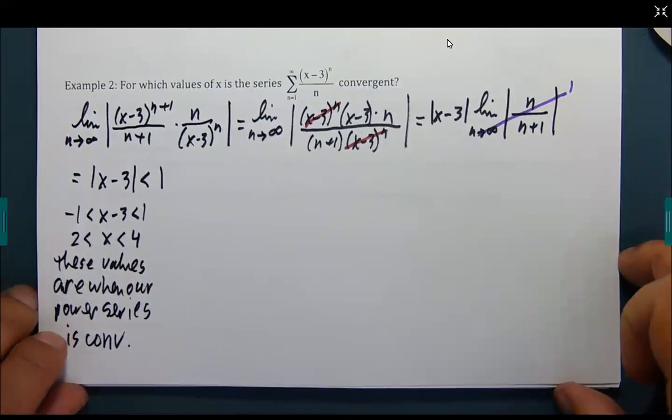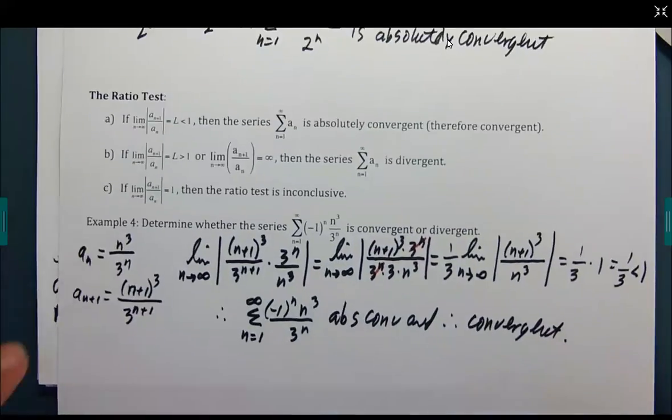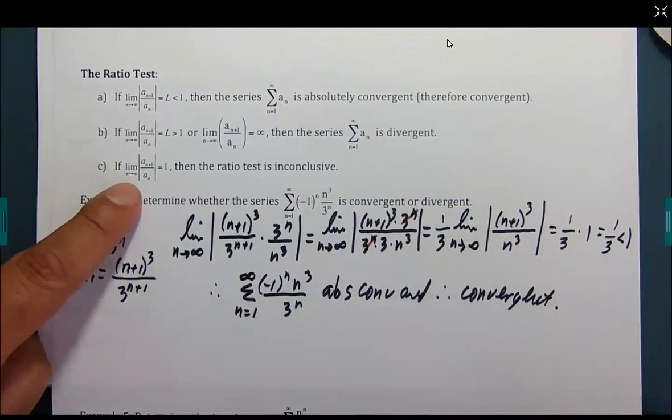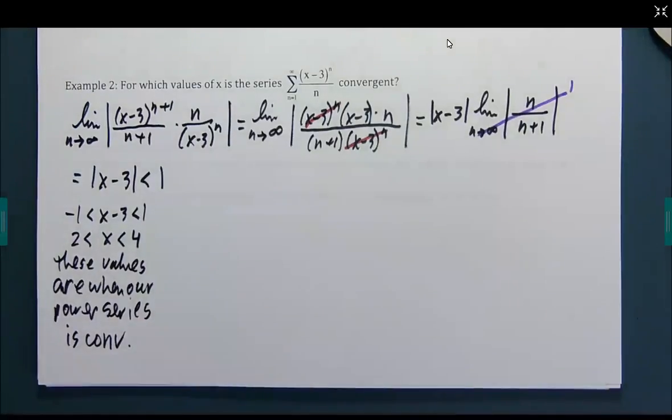But we have a small problem. When the limit equals 1, we have a problem with that because it's inconclusive, meaning we don't know what happens at x equals, when that limit equals 1.